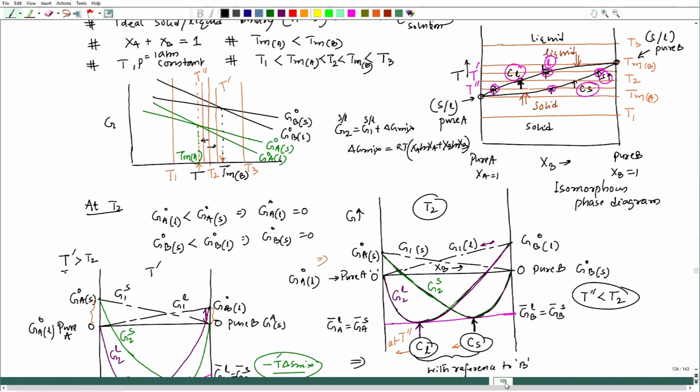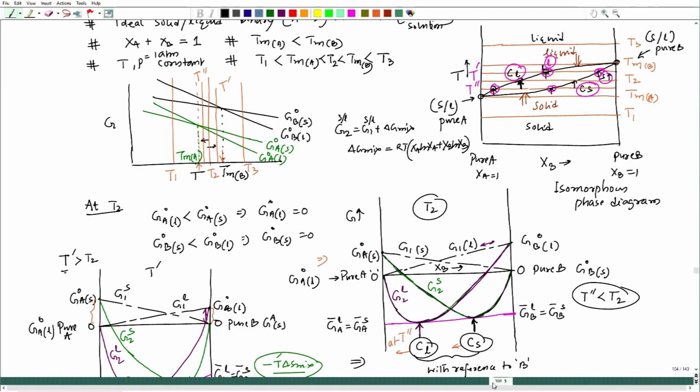This diagram comes from the free energy composition plots at different temperatures, for which we need information of G versus T for pure metals, assigning the reference values to different pure metals in both solid as well as liquid, and accordingly we see the equilibrium compositions and plot them over T versus XB, and that gives me an isomorphous phase diagram. And here remember, over the entire composition range we have complete solubility, whether in liquid or solid.